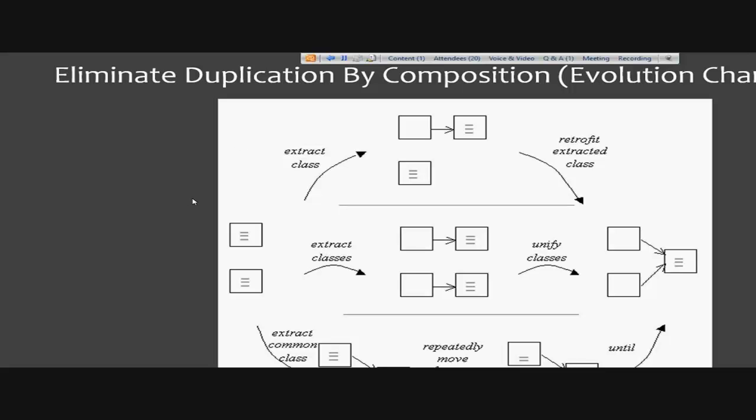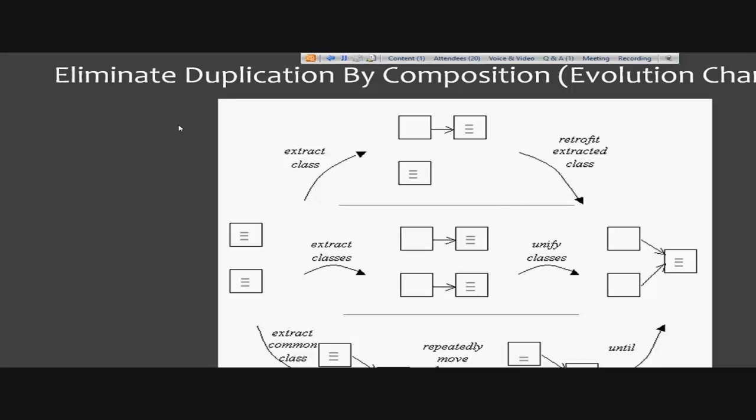You extract a class from the first class, and then the next transformation is to retrofit this extracted class into the other class. The next step is removing this similar feature and moving it to the shared or new class. That's one flow, or one way, of refactoring.